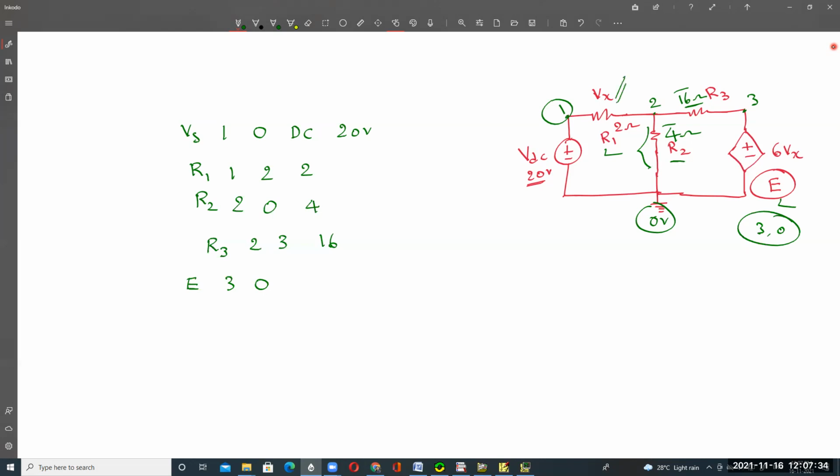It is depending on the R1 resistor, which is connected between 1 and 2. Understood? So the E source is connected between 3 and 0 and is depending on 1 and 2, and its gain is 6. Like this we have to write the program. Then after that, .print DC.